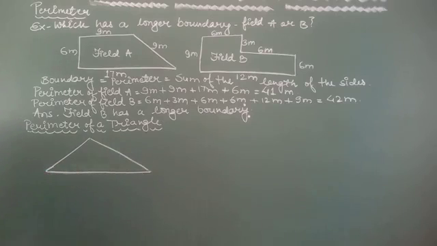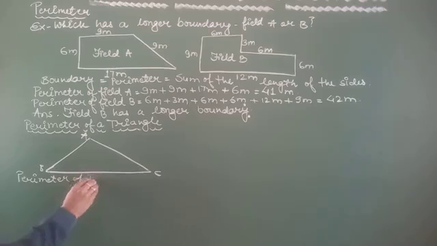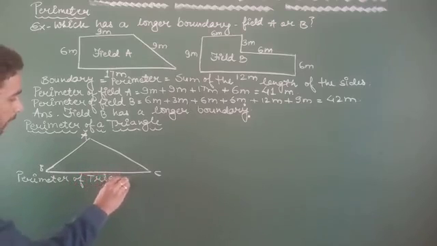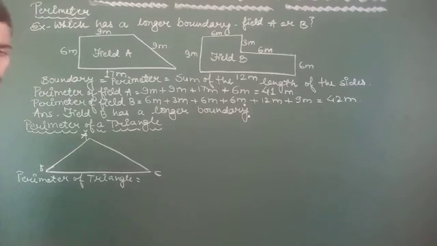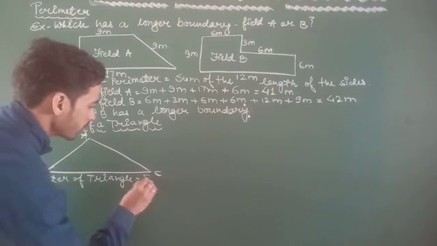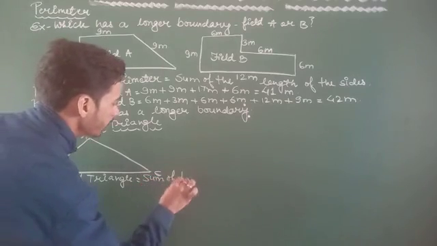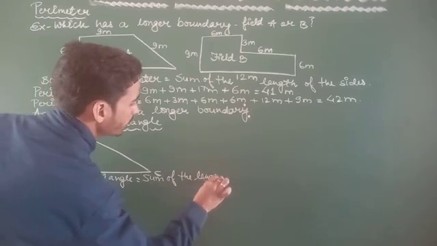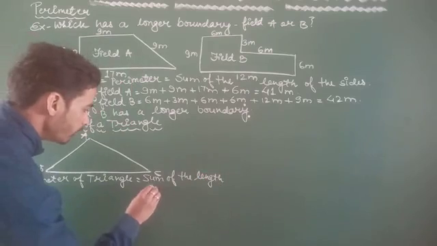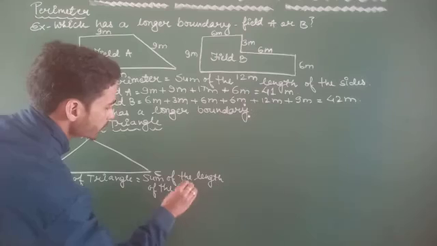and the dimensions are AB, BC, CA. The perimeter of a triangle is equal to the sum of the length of the sides.